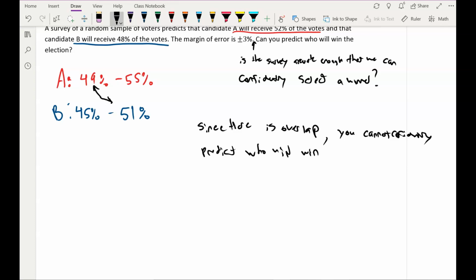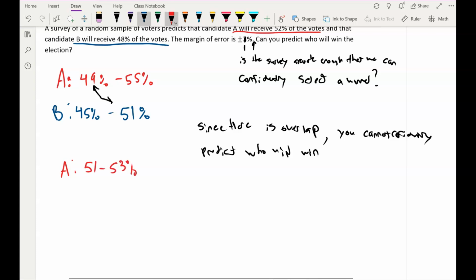And you can never 100% predict who's going to win, but I'll show you an example. Let's maybe just change this question. Let's say the margin of error, this is a really accurate survey, or there's very few errors. Let's say the margin of error was 1%. Well, if it was 1%, then A's percentage would fluctuate from 51 to 53%.